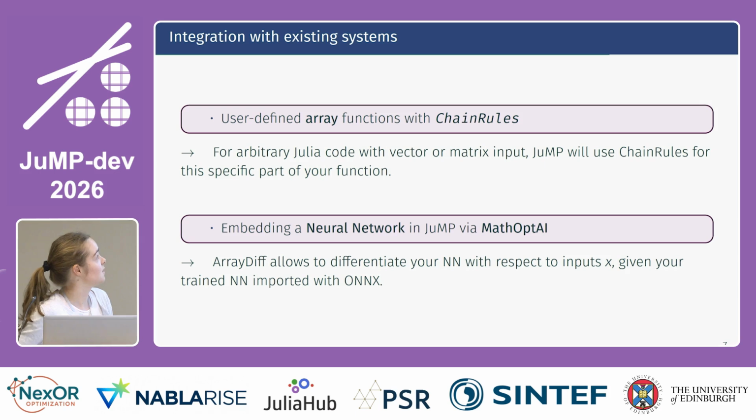So it allows for user-defined array functions as well. Second, it allows you to embed neural networks in JuMP. You can import your trained neural networks with ONNX, and you can then differentiate your neural network in JuMP with respect to the input X.